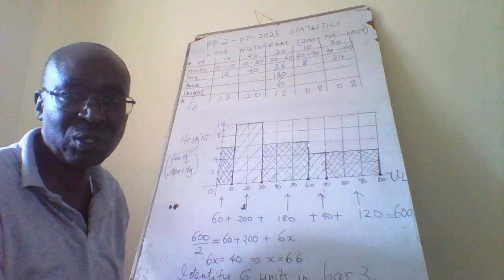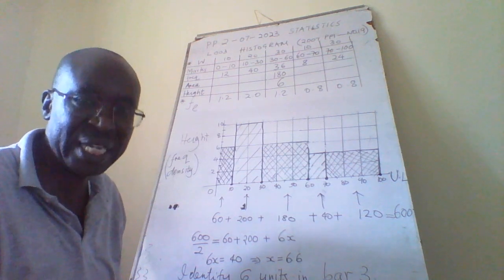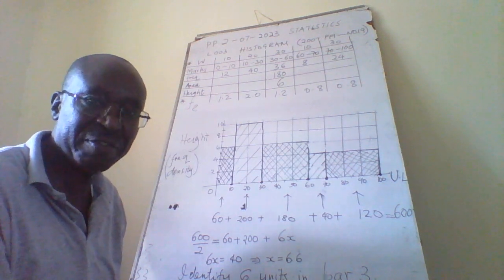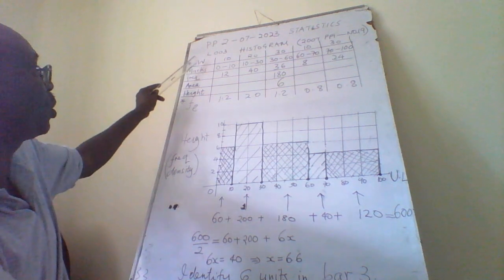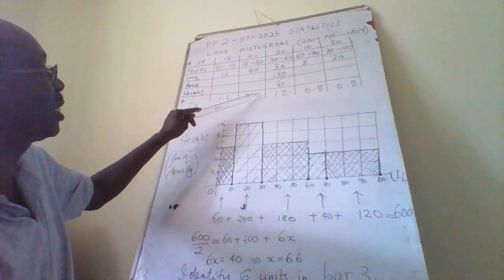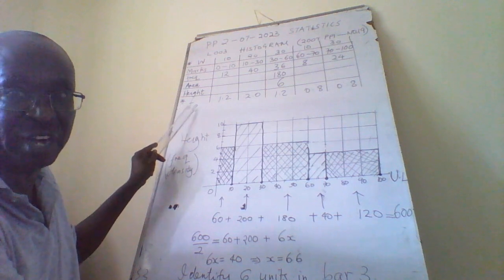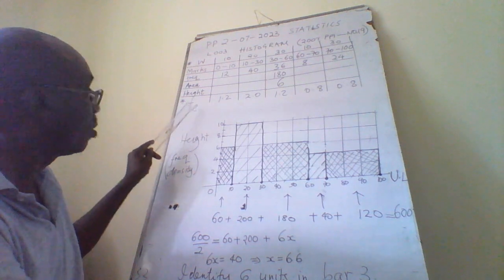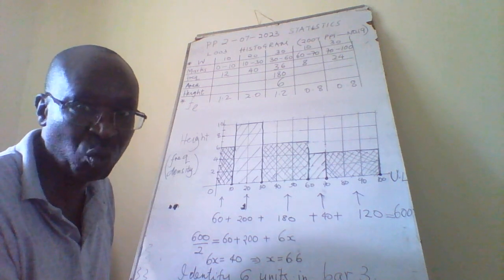Now that we learned what is frequency density, remember frequency density is frequency divided by width. So we know the width, we know the frequencies, we can get the frequency density. I've just denoted it by F and rho, frequency density. For now, that should work.